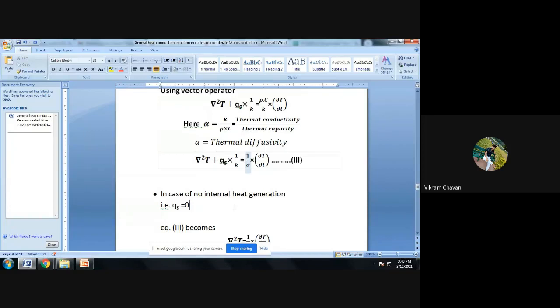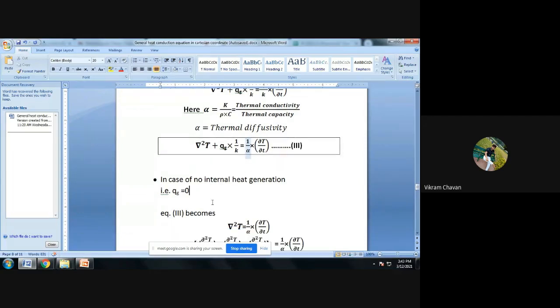In that case we consider Q suffix G, the heat generation per unit volume per unit time, equal to 0.